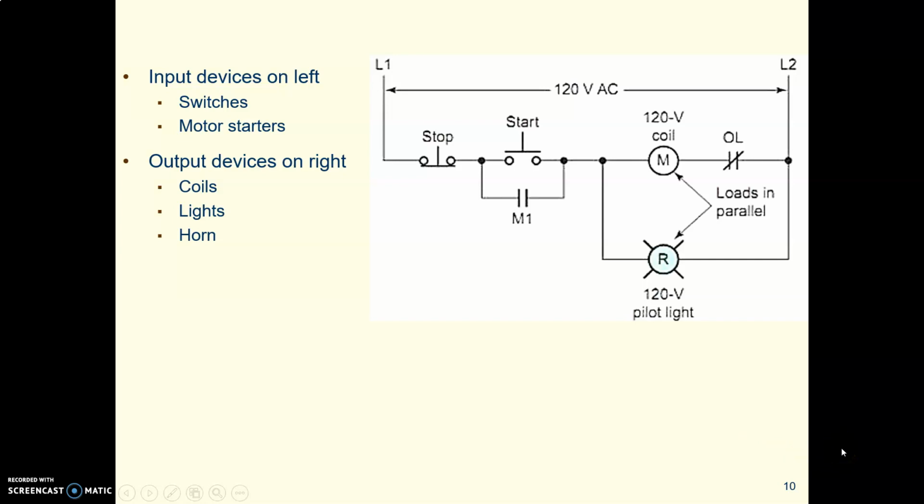Another principle, we always draw input on the left and output on the right. So input could be something like a switch. We always draw our start-stop switches on the left, our auxiliary contacts on the left. And we always draw loads on the right. So it could be a starter coil, could be a light.